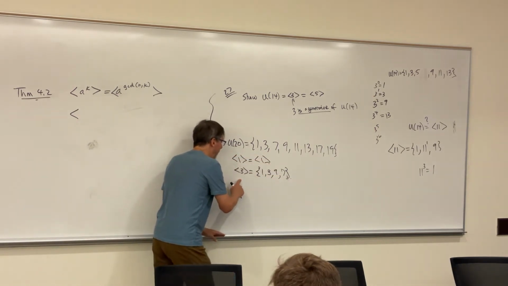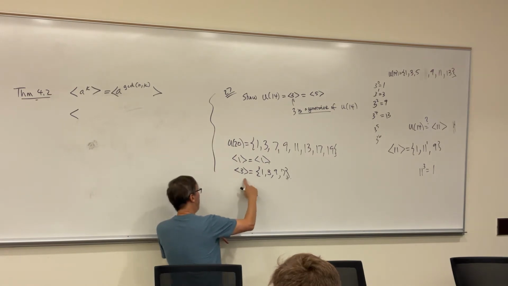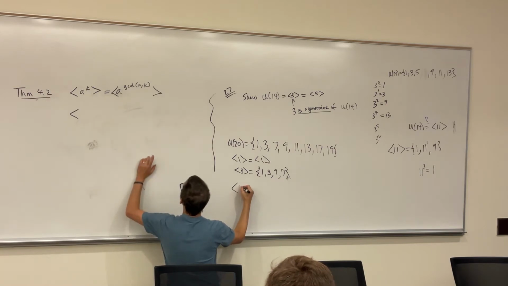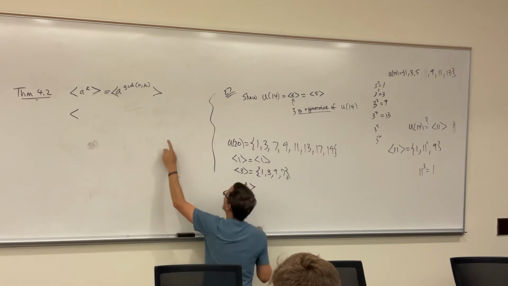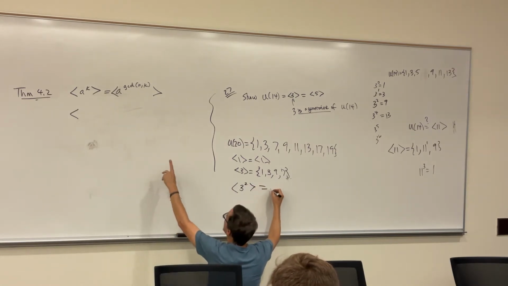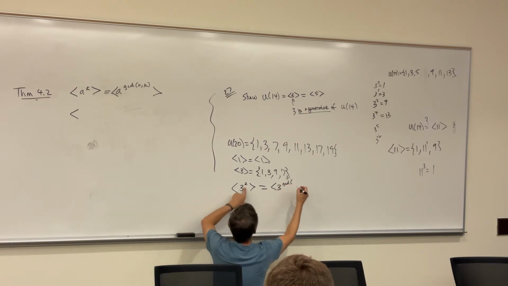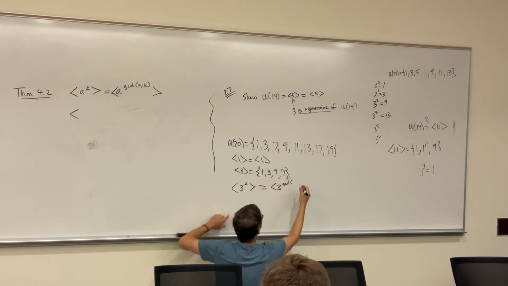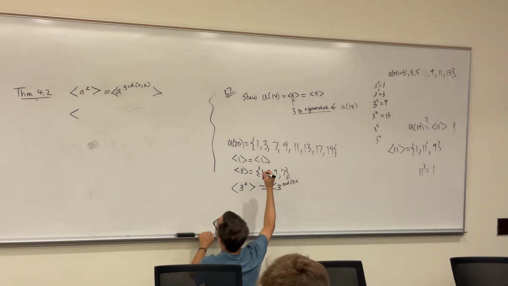So for example, we take 3 here, and 3 generates the cyclic subgroup. So I ask myself, what cyclic subgroup does 3 squared generate? That's going to equal 3 to the GCD of 2 and 4, since this group is actually order 4, right?